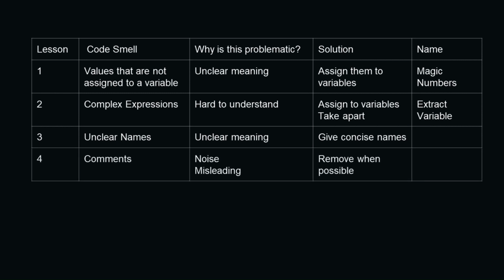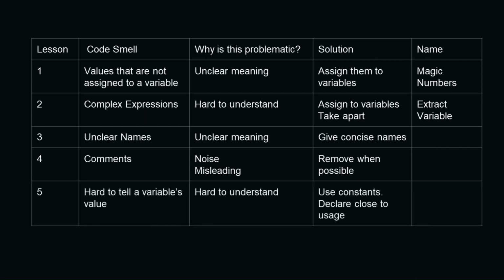Then we talked about comments. We said that they are noise and misleading, and so we should consider writing clearer code rather than relying on them. And finally, we saw that in some cases, it's hard to tell a variable's value, which obviously makes our code harder to understand. This can be fixed by using constants and declaring variables close to where they are used.